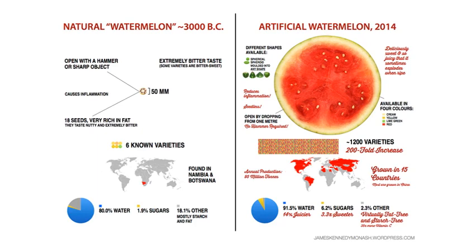And it's extremely bitter. Not only is it bitter, but if we look over here, you're going to open it with a hammer or a sharp object. And not only is it difficult to get at, but it causes inflammation. I'm not sure that I'm interested in eating natural watermelon.